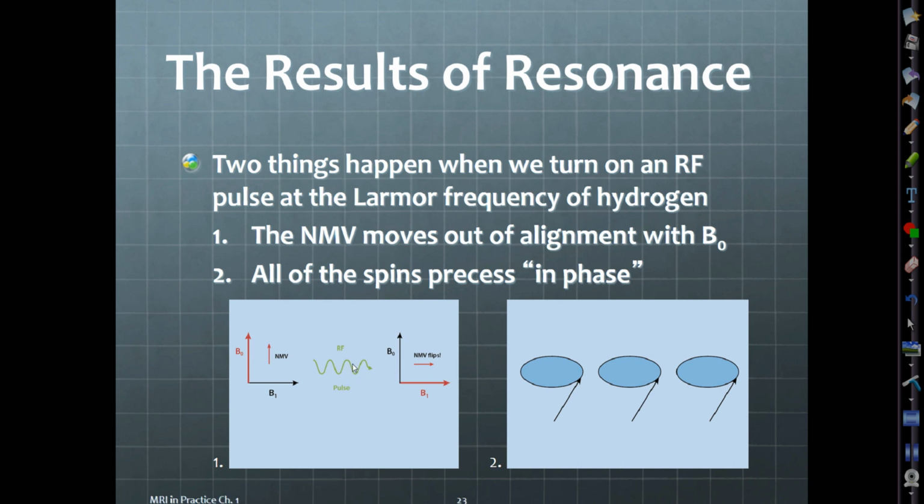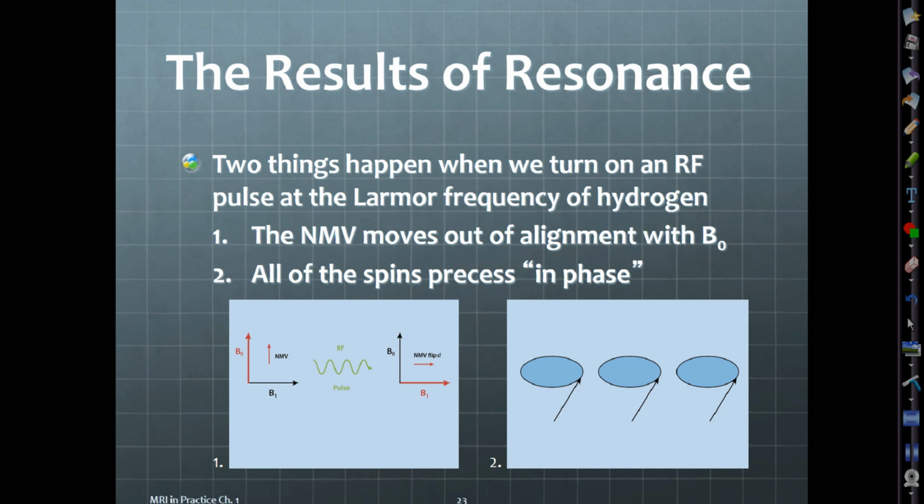So here's a good diagram of that. Here's the net magnetic vector. It was parallel at the moment with B sub 0. We apply that RF pulse, B sub 1, and now you put energy into those low energy spins. They gain enough energy to oppose B sub 0. And that's so important, right? Because where do we collect that signal? On that transverse plane.